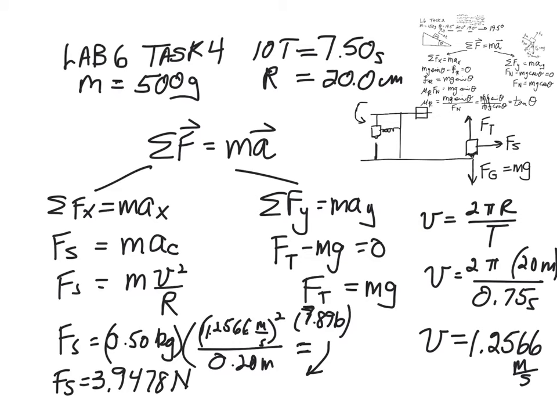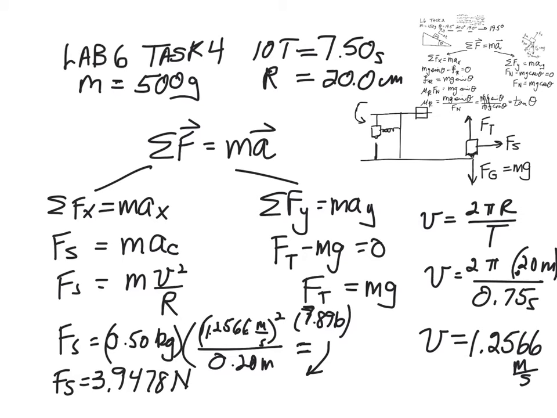We get v by taking the circumference of a circle, the distance it travels in one rotation, divided by the time of one rotation. That's 2 pi times the radius, 0.2 meters, divided by 0.75 seconds, and it came out to be 1.2566 and some digits meters per second.